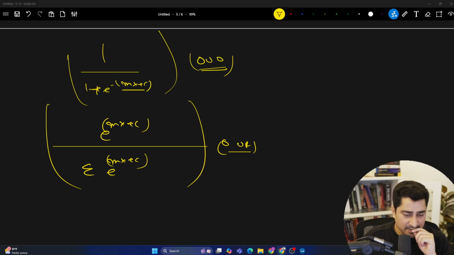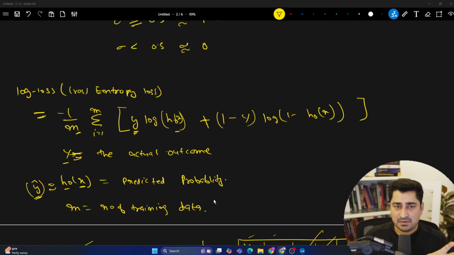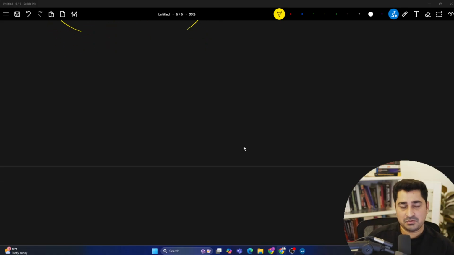Arvindan is asking, can you please explain the cross entropy loss again? I mean, break it down a little bit. There is nothing in terms of breaking it down. In terms of the equation, maybe I can write it again in a simplified manner.